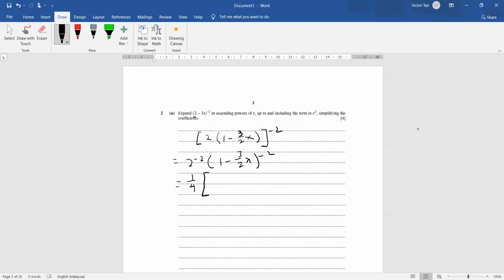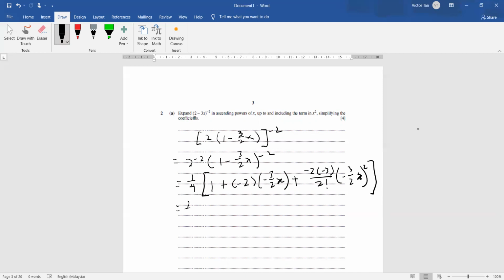Expanding this: 1 plus negative 2 times minus 3 over 2 x, plus negative 2 times negative 3 over 2 factorial, times minus 3 over 2 x squared. Refer to the formulas that are given. You're only expanding up to x squared.